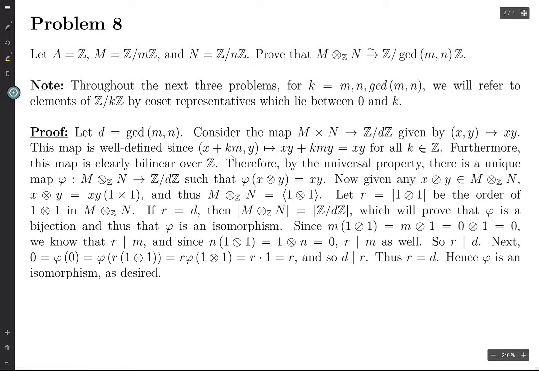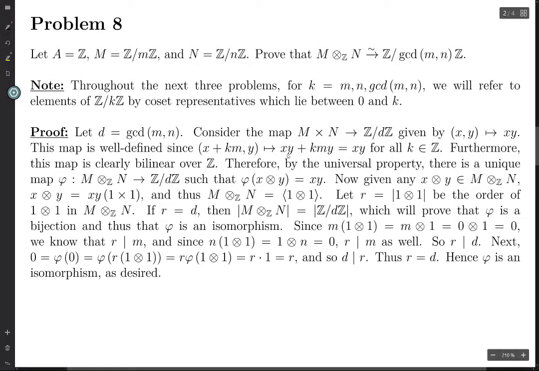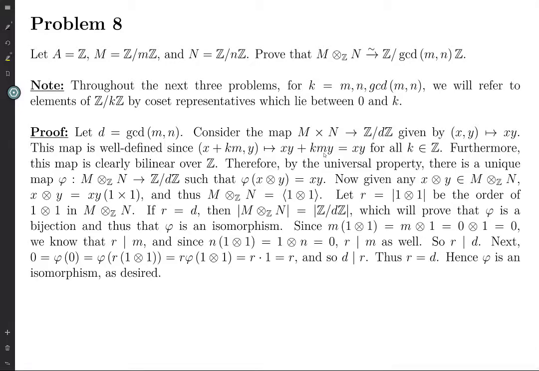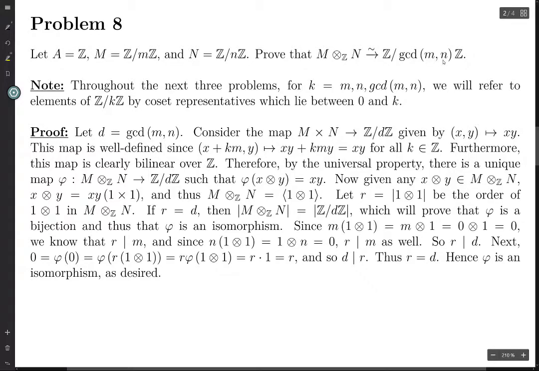Then this is going to get sent, by distributivity, to xy plus kmy, but this is in Z mod DZ. Since D is the greatest common divisor of m and n, D divides m, and so m here is a multiple of D, and so this whole term here is 0, whatever you want to call it. And so this is just xy, and so it's well defined. It doesn't matter what coset representative we use.